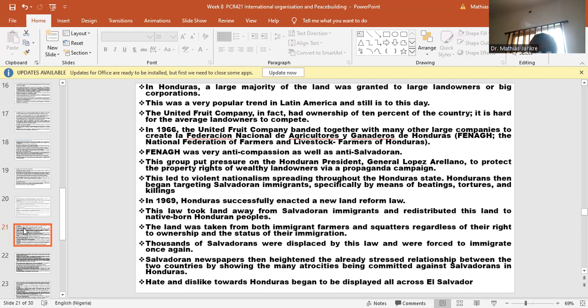Thus, thousands of Salvadorians were displaced by this law and were forced to migrate once again. Salvadoran newspapers then heightened the already stressed relationship between the two countries by showing the many atrocities being committed against Salvadorians in Honduras. Hate and dislike towards Honduras began to be displayed all across El Salvador.